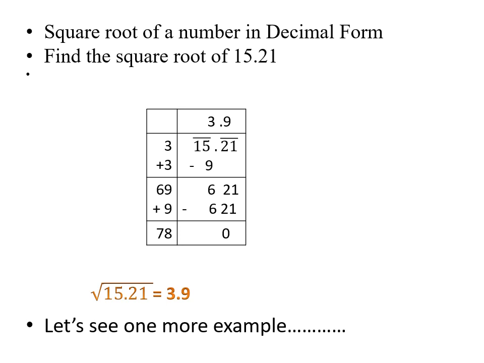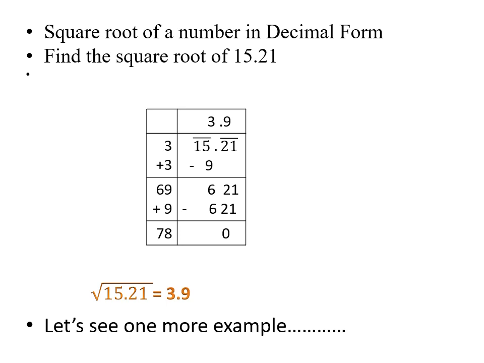15, the nearest perfect square less than 15 is 9, whose root is 3. So 3 you have to write up and as a divisor also. Then 3 plus 3 gives you 6. 15 minus 9 gives you 6. 21 you have to bring down, so it becomes 621. Now after 6 you have to write the next digit, so it is 69 into 9 gives you again 621, so the remainder is 0.